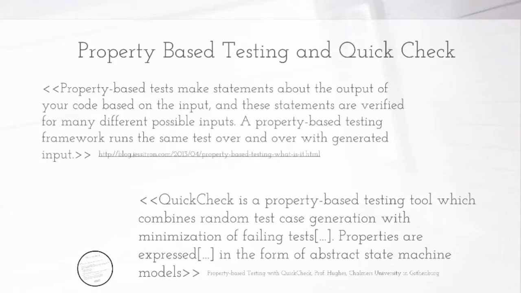QuickCheck, if you're not aware, is a tool that's open source. Anybody can use it. It's actually of Swedish origin. I believe the author is a teacher at the university here, and he had the open source version out there for a while, and then he created a commercial version which covers a bit more of the model-based testing, where you can have all sorts of randomized paths through the system.